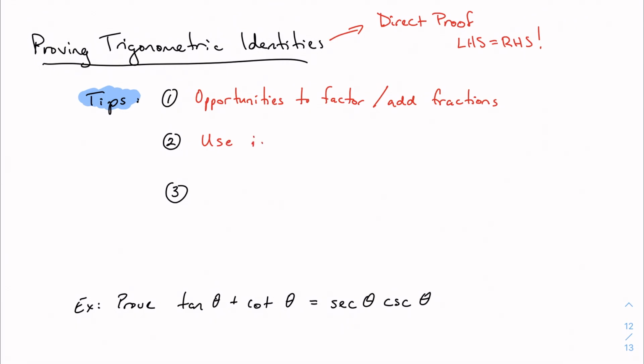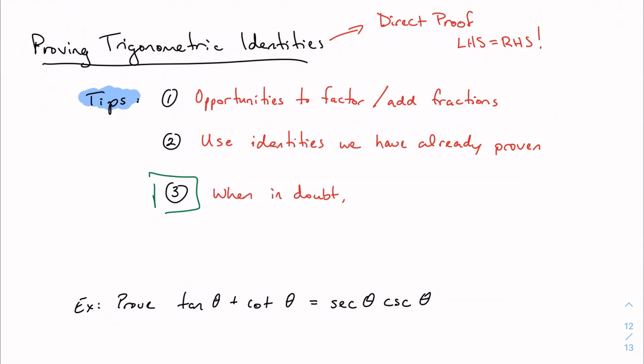Use the identities we have already proven. And this is really the biggest one: when in doubt, write everything in terms of sine and cosine. Everything at this point that we've learned can be written some way into sine and cosine. So if you're ever stuck, just reduce everything to that and work from there.